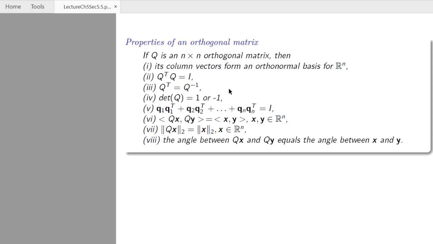So these are 8 properties for an orthogonal matrix. Let's take a proof for property 4.